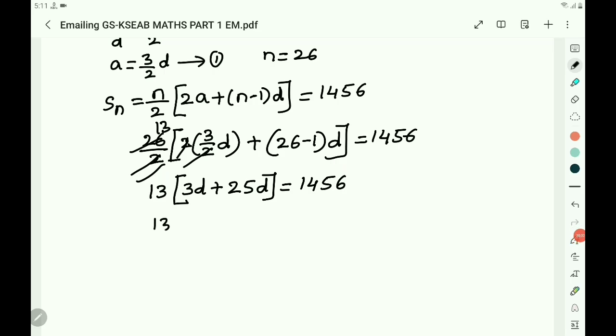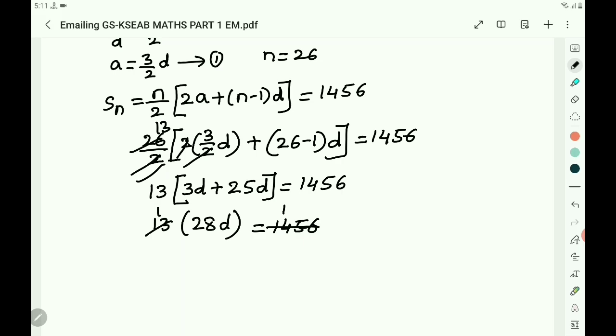Write 13 as it is. 13 into 3d plus 25d is 28d, since 25 plus 3 is 28. So 28d equals 1456.